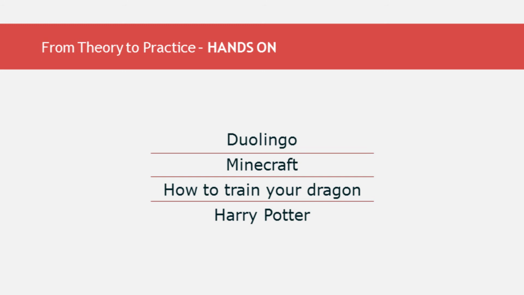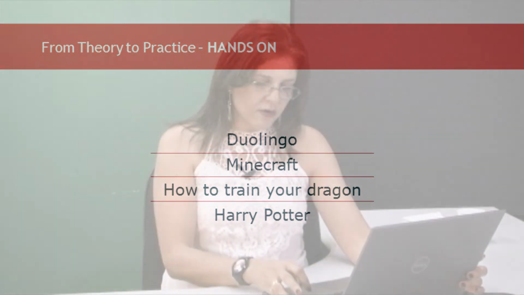The Harry Potter game. They are all free. You can download them or you can use them online on the internet, and they can help a lot. And they can also provide real texts. You can also use them to put your students in contact with real texts in English.